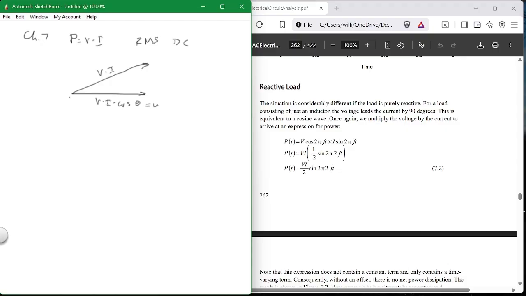This is the watts. This is what we call reactive power, or we just call it V times I. If you ask me what this is, it's V times I, okay? It's sometimes referred to as S. This is P, this is S, and this is VARs.